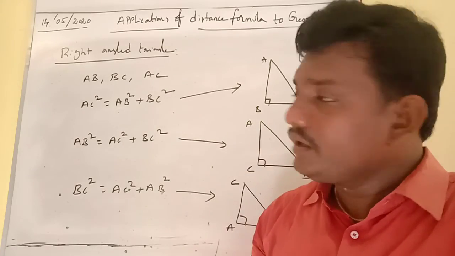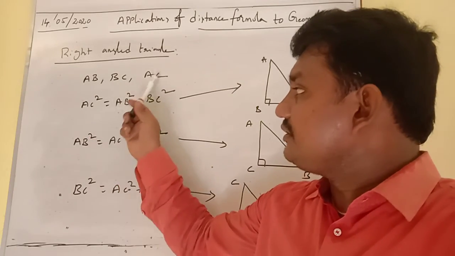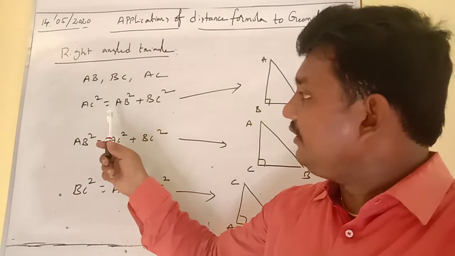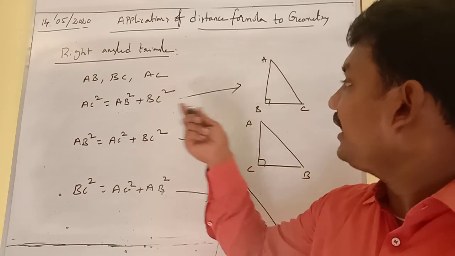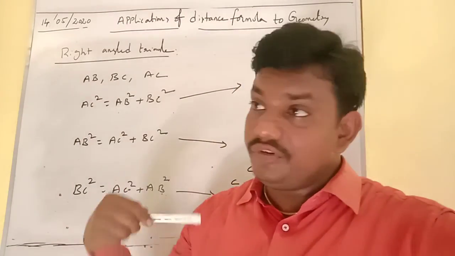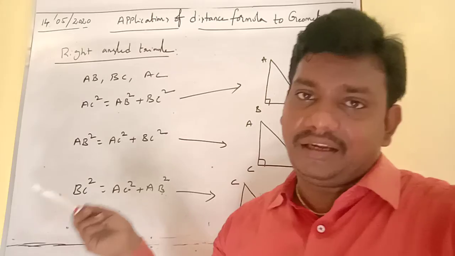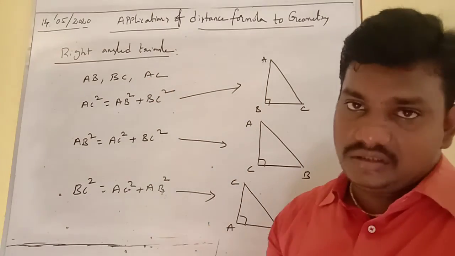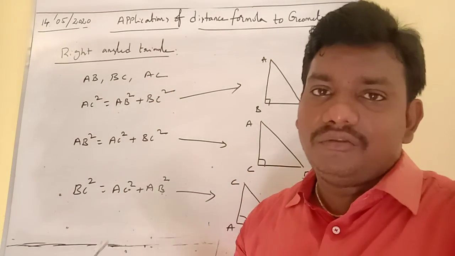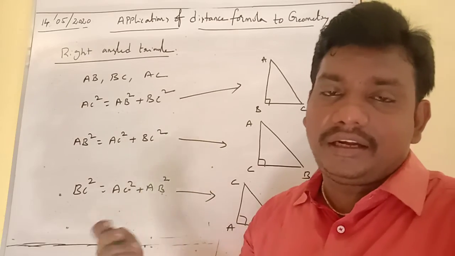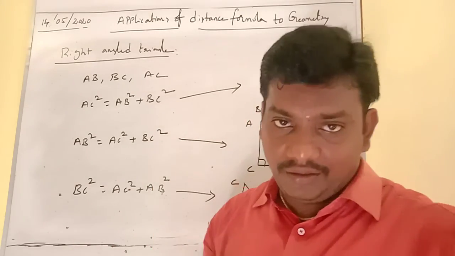We check whether AC square is equal to AB square plus BC square. Then AC is the hypotenuse and angle B is the right angle. Based on the distance formula, we can estimate which angle is the right angle in the given right angle triangle.